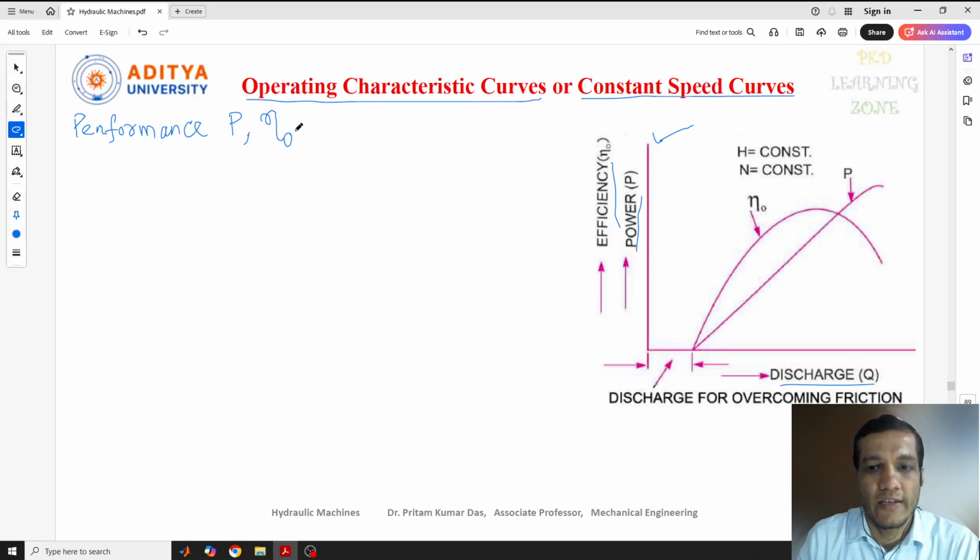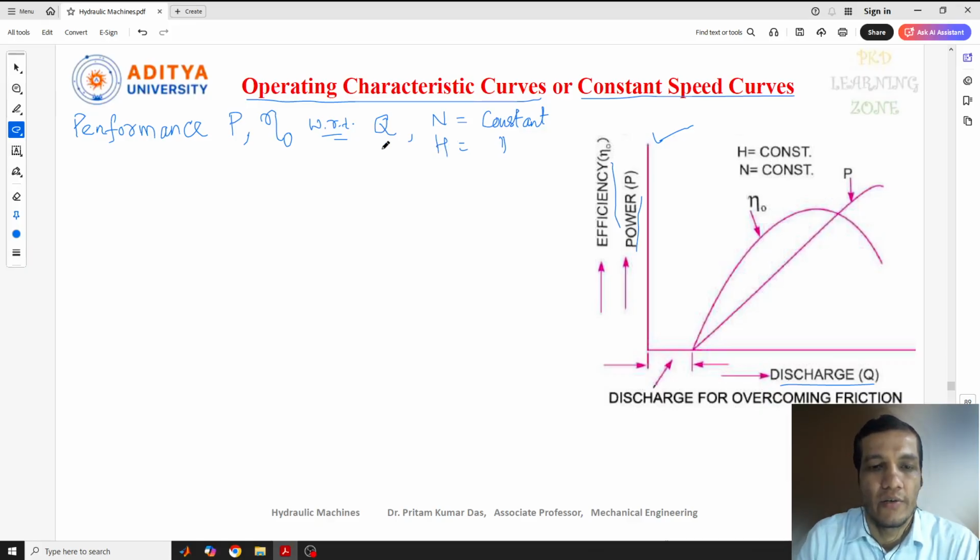This performance of the turbine we need to see versus discharge, and here we need to consider that speed is constant. The speed is constant here, and we know that a turbine will run at a constant head. So head is also constant here, because we cannot change the head multiple times for a turbine.